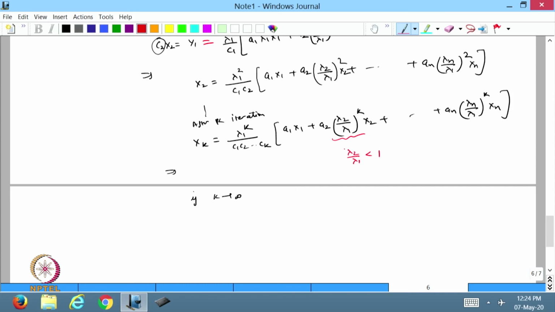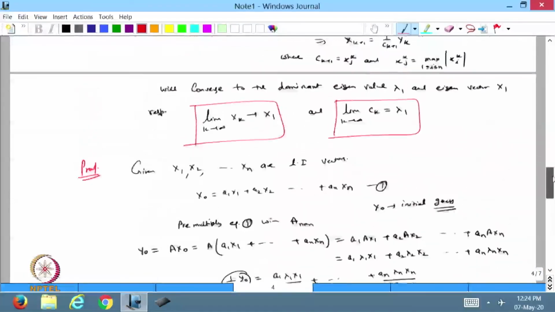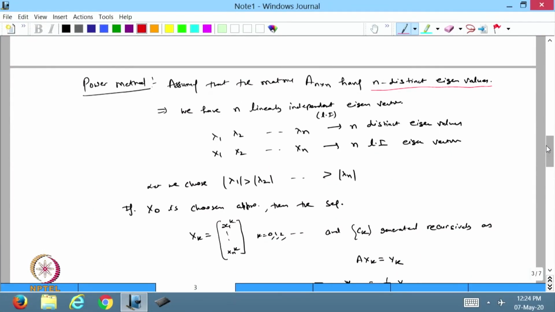Similarly, lambda n over lambda 1 raised to the power k is also less than 1. Here, the condition we have taken is that lambda 1 in magnitude is the largest, with its value normalized to 1.